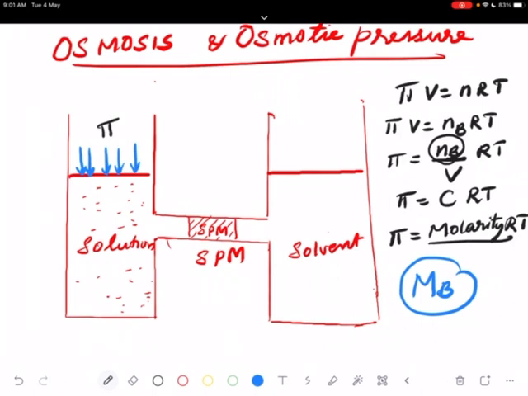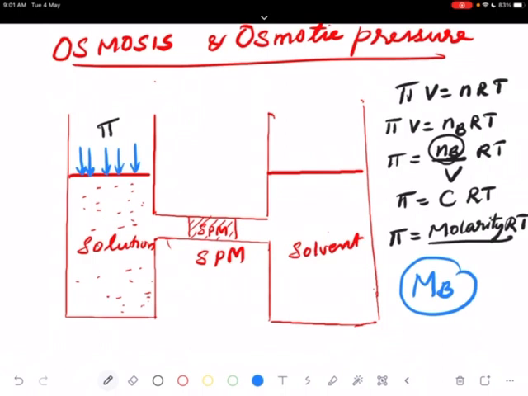Biomolecules, for example proteins, are not stable at higher temperature. If it is elevation in boiling point, you have to reach the boiling temperature. If it is depression in freezing point, you have to go down to lower temperature. But osmotic pressure is measured at room temperature. Polymers have poor solubility.